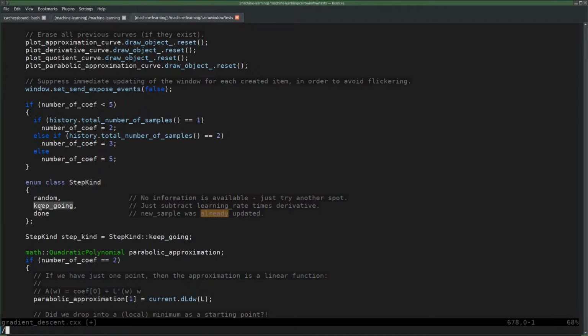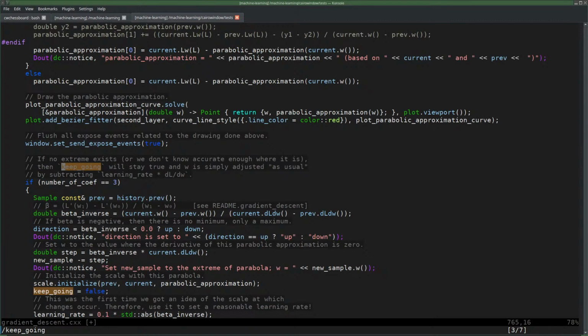Yeah, and then I have to fix the code. So I have the step kind done whenever we set it to false. Actually, something totally different. And step kind done.